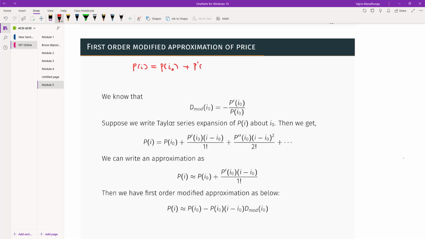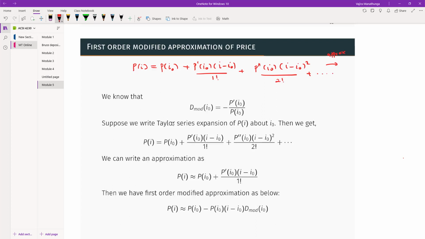So we would get this nice function, and so forth. Our next step is, from here we take the approximation.